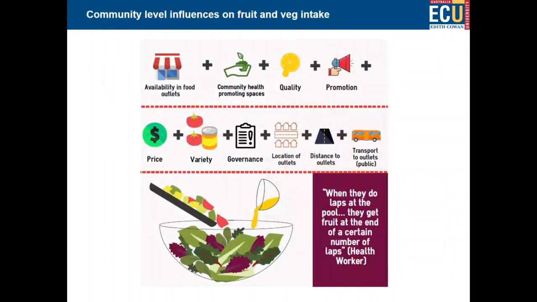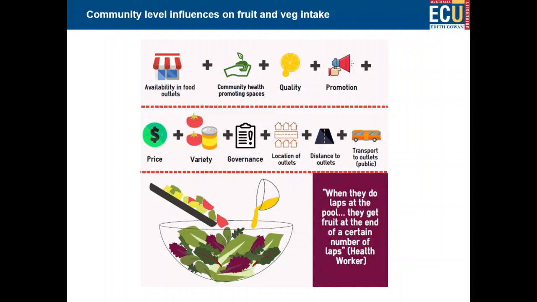The community level influences included things like availability in food outlets, community health promoting spaces, quality and promotion, and other things like price. So in terms of this quote, there were other community settings that were ideal places to promote fruit and vegetables or even supply them. An example was a local pool.